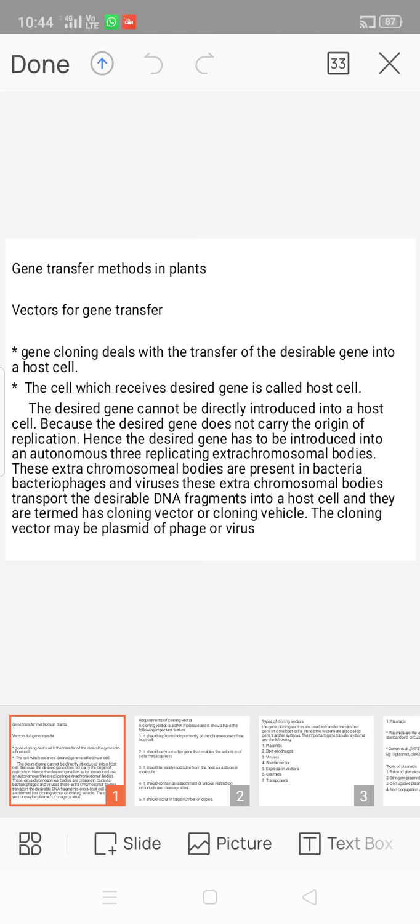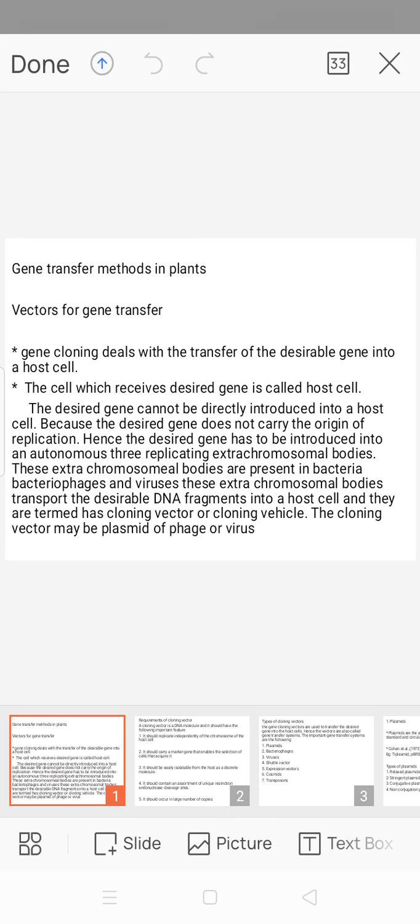Gene cloning deals with the transfer of the desirable gene into a host cell. The cell which receives the desired gene is called the host cell.